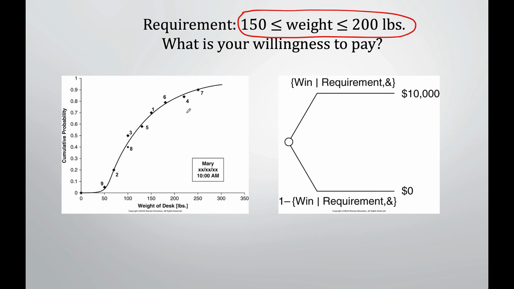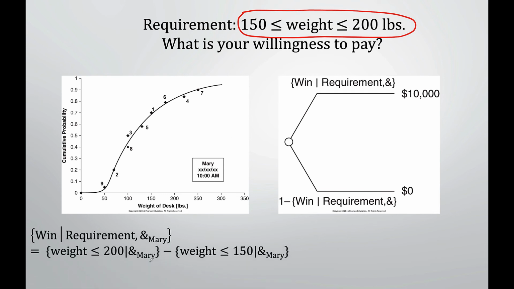Still, we can use your encoded probability graph to figure out this probability. Okay, because the event can be broken down to the probability that the weight is under 200 pounds minus the probability that the weight is under 100 pounds. That gives us the range between here and here.